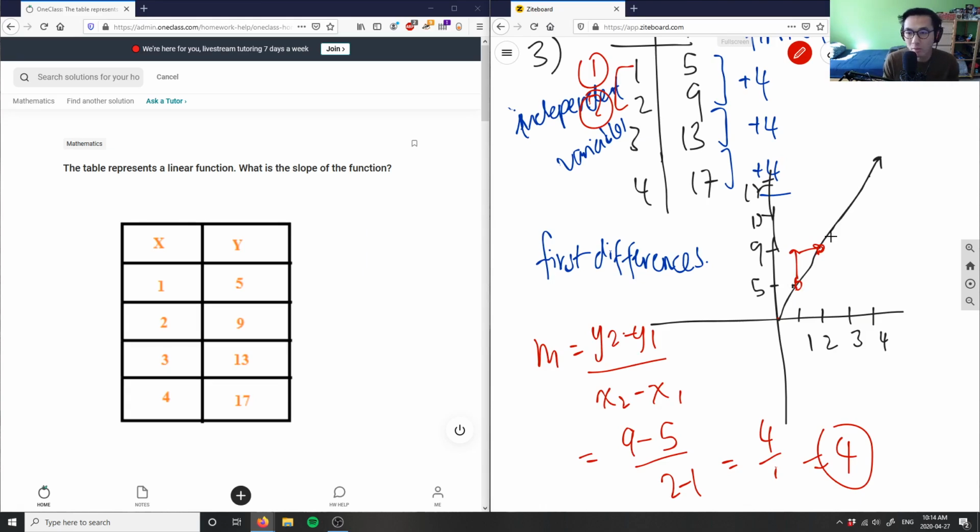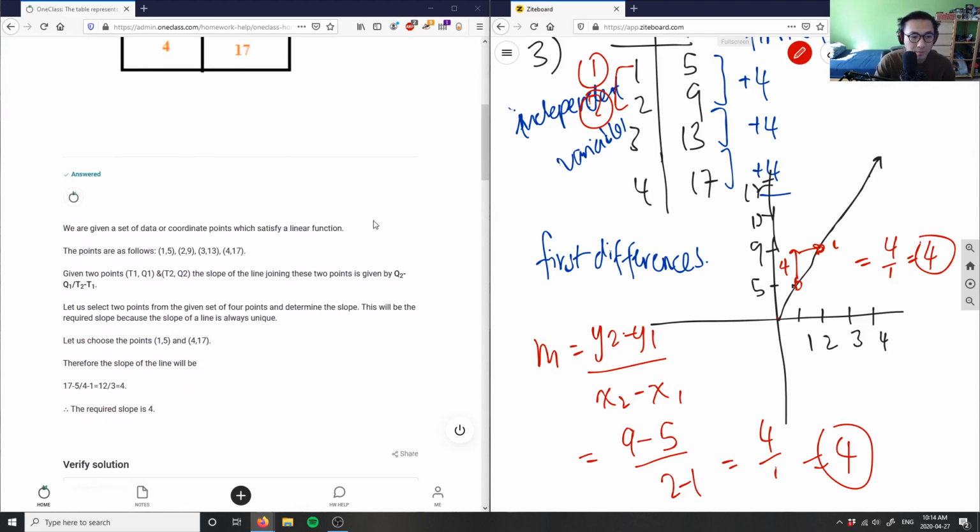So rise over run: the rise is 4, the run is 1, which equals 4 divided by 1, which equals 4, right? So either way, solve it graphically, algebraically, or through the first differences, it doesn't matter. This graph will give you a slope of 4 here.